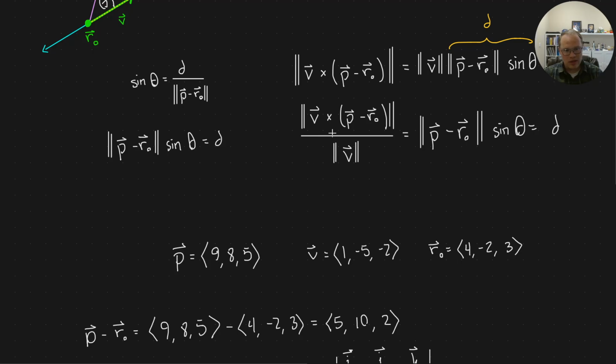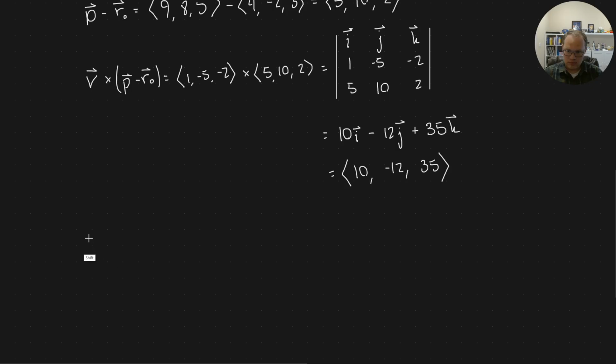I'm still not done with that top, though. I want the norm of that. The norm of v cross p minus r naught is the norm of 10, -12, 35.